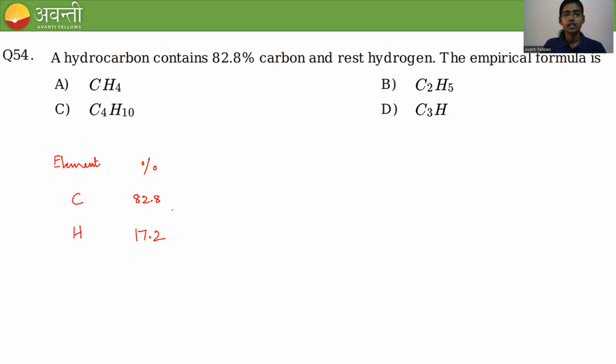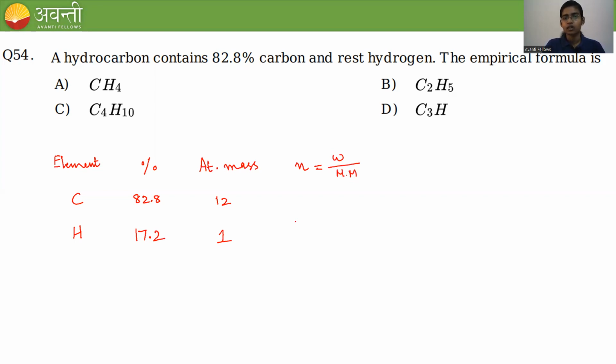And the next step is we have to take the atomic mass of both the elements. For carbon, the atomic mass is 12, and for hydrogen, the atomic mass is 1. What is the next step? We have to find out the number of moles. Number of moles is equal to the given mass divided by the molar mass or the atomic mass.